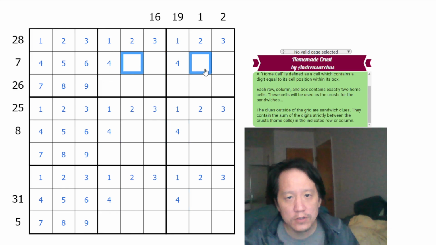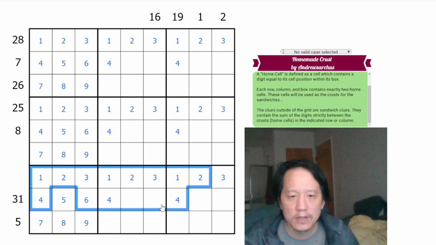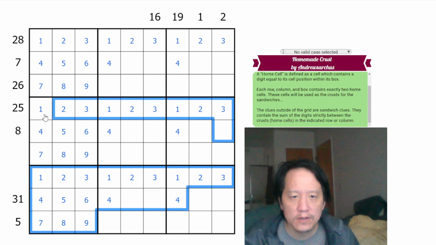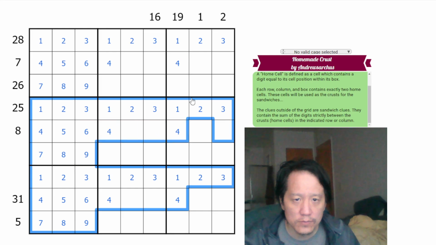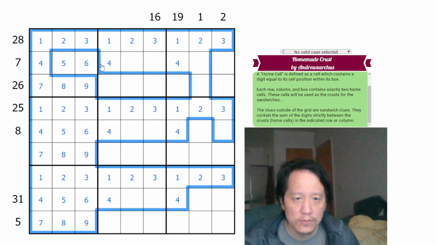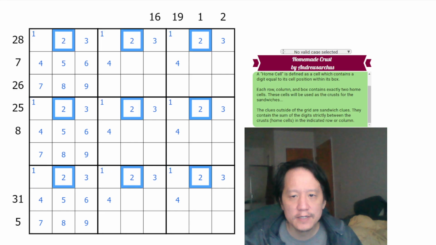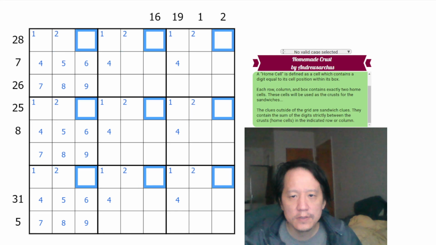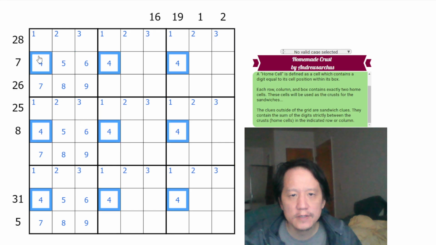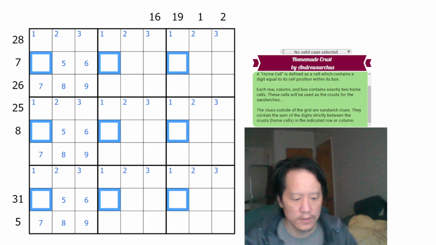This is 4. Maybe we should put this in the corner. That might be better. Let's just delete everything then. Actually, I could just, yeah. 1, 2, 3, 4.